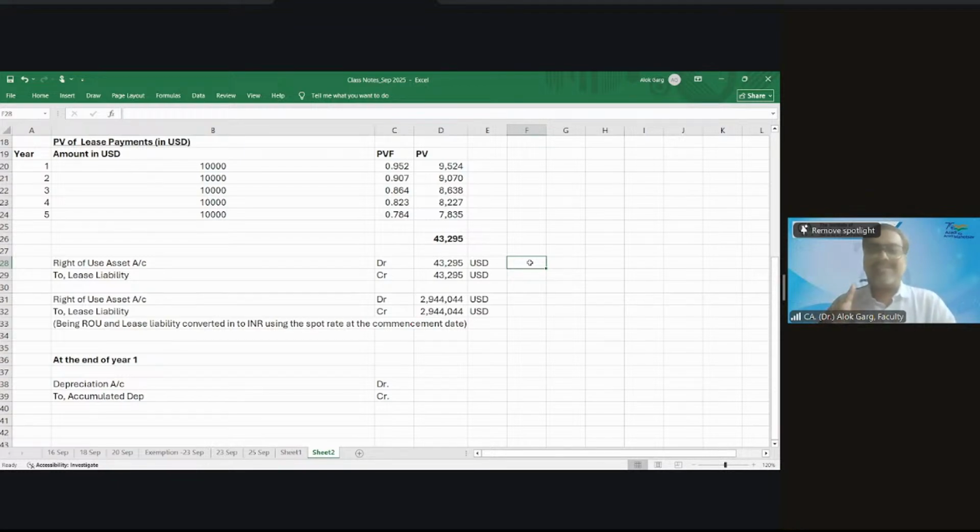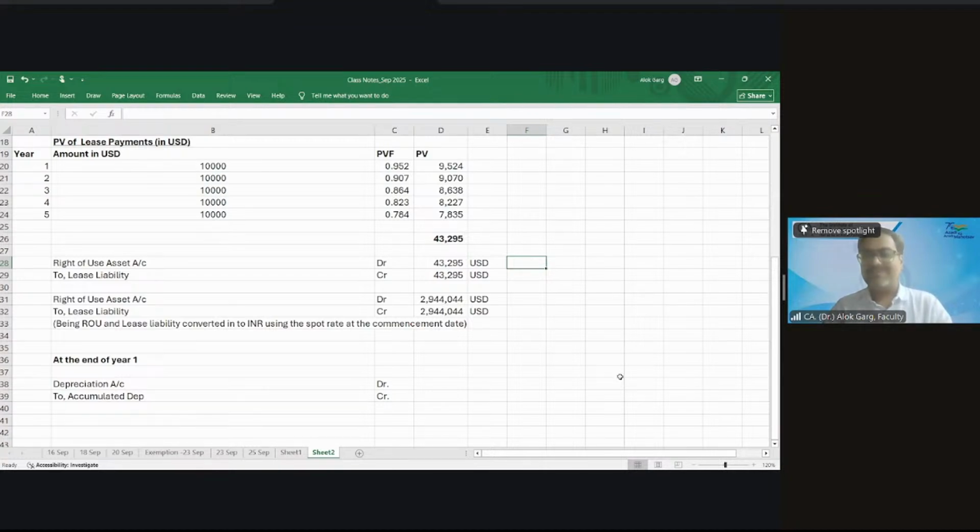Whether my depreciation is 43,295 US dollar divided by 5 multiplied by the closing rate, the exchange rate on the reporting date, or it should be 29,44,044 divided by 5. First one, the closing rate.